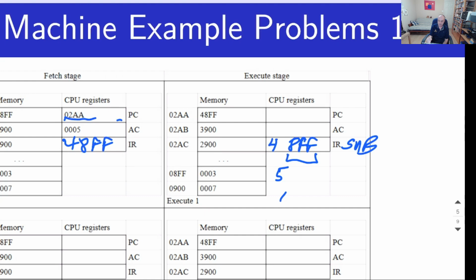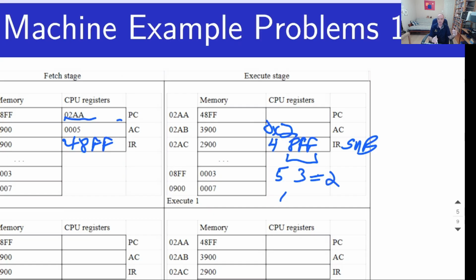I've got hexadecimal 5, and I'm going to fetch the value from 8FF, which is hexadecimal 3, and subtract it. The result of that will be hexadecimal 2. And the result from these kinds of arithmetic operators, the data processing operators, always gets stored back into the accumulator implicitly, right? So we'll end up with a hexadecimal 2 in our accumulator.